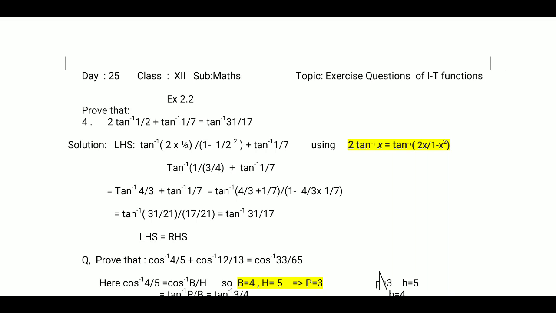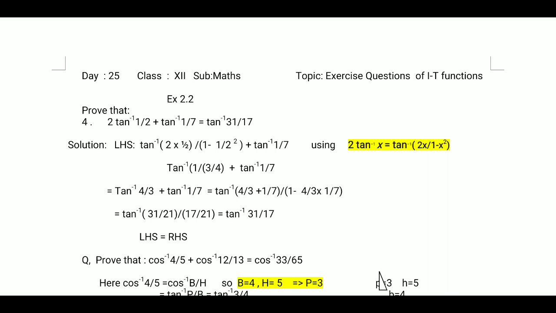So 2 tan inverse half will be tan inverse 2 into half upon 1 minus half square, plus tan inverse 1 by 7 remains as it is. Now this becomes, after solving, tan inverse 1 upon 3 upon 4 plus tan inverse 1 by 7. That is again tan inverse 4 by 3 plus tan inverse 1 by 7.